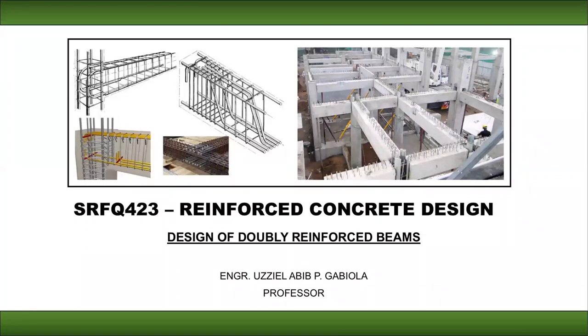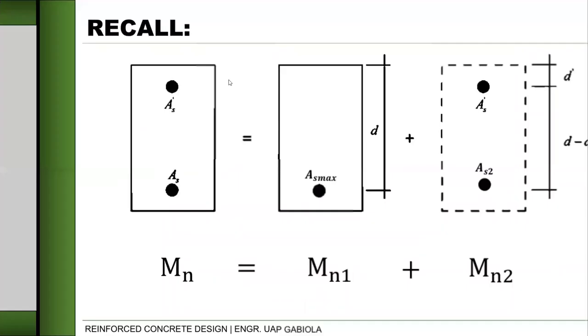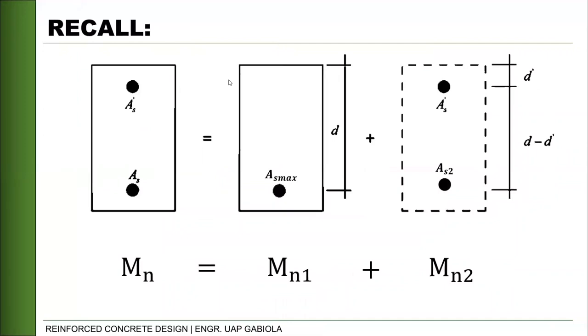Okay? So as a recall for this procedure, when we say doubly reinforced beam, we are considering additional reinforcement sa top fiber natin, which will cause additional compression force dun sa member natin. And from our previous discussion regarding the analysis of doubly reinforced beam, we assume that the tensile reinforcement provided at the bottom for singly reinforced beam, we call that as our AS maximum for singly reinforced lang.